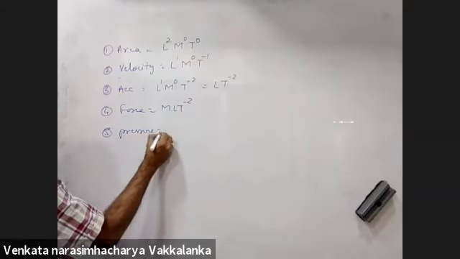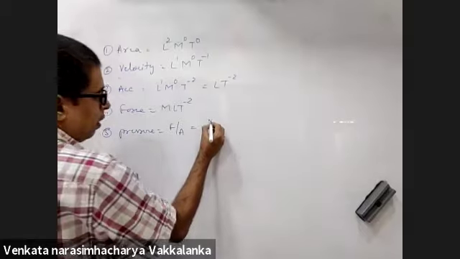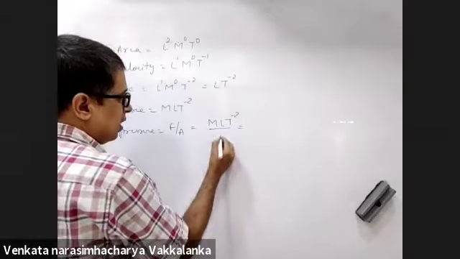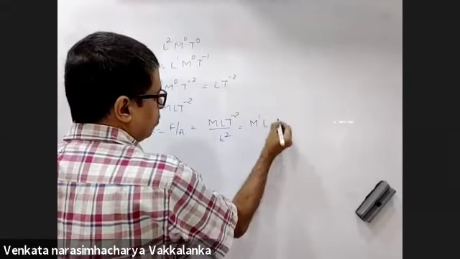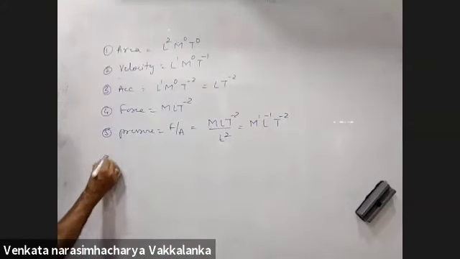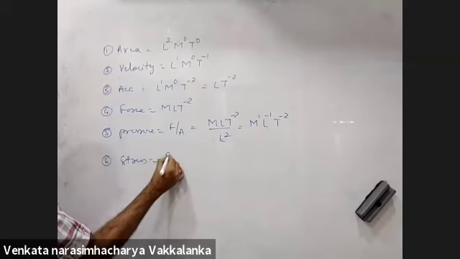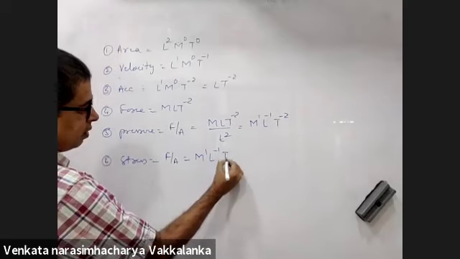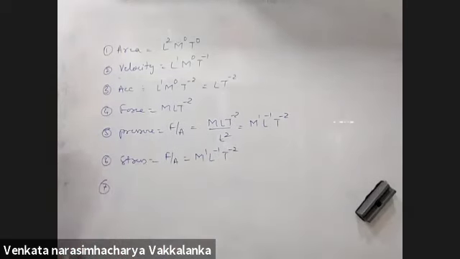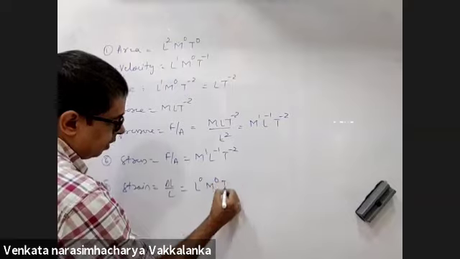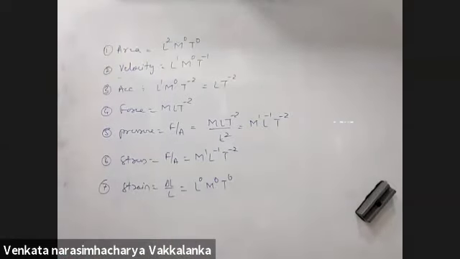Pressure, force per unit area, M L T to the power minus 2 by area, which is L square, so M to the power 1, L to the power minus 1, T to the power minus 2. Stress, force per unit area, M to the power 1, L to the power minus 1, T to the power minus 2. Strain, delta L by L, L to the power 0, M to the power 0, T to the power 0, no dimension.